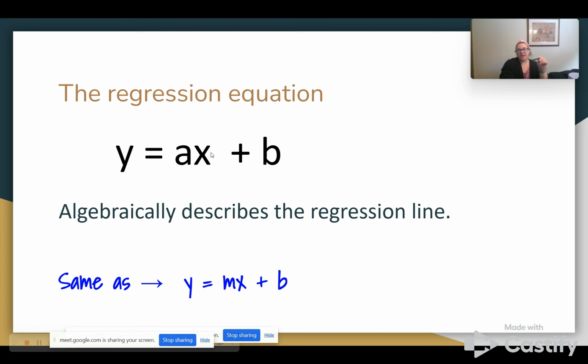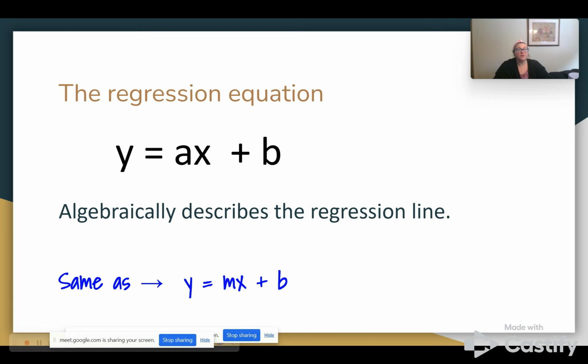Now, I put ax plus b here. When I first started doing this, not all calculators use the m. Some still use a different variable for the slope. Again, that's just whatever works for you. But these are the two common regression equations. If you remember from another time of math, the m represents the slope, which is the steepness of the line.